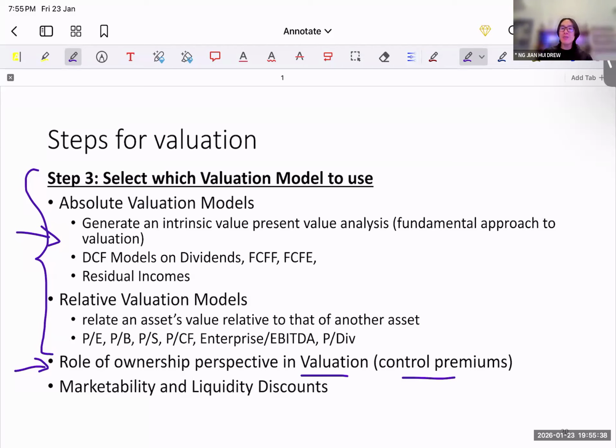So does anyone know the difference between Temasek and GIC? What's the difference between Temasek and GIC? Okay, yes. Temasek uses the money from the CPF, and GIC is a fund manager, right?